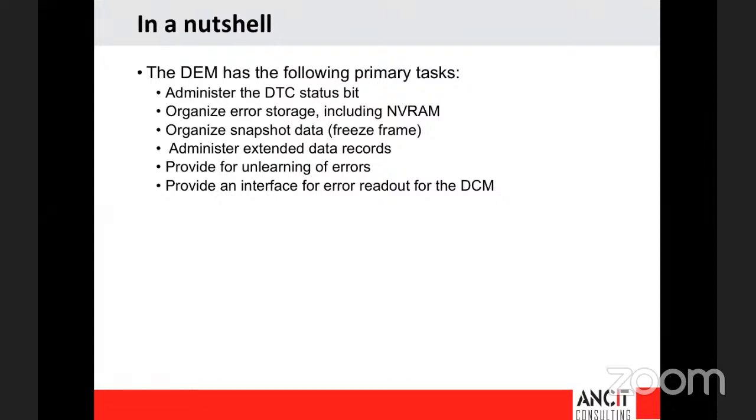Whenever an error is repeated over time, it has to be removed from the NVRAM, and the DEM takes care of that. It also provides an interface for error readout for the DCM. So when we talk about DEM, I'm talking about the first half of the story that we have always been talking about. It is responsible for capturing the error in runtime.